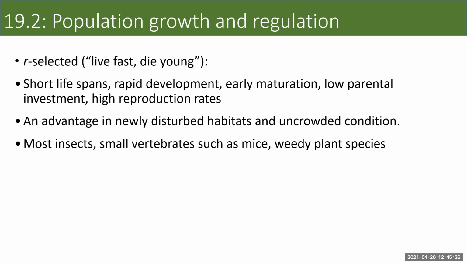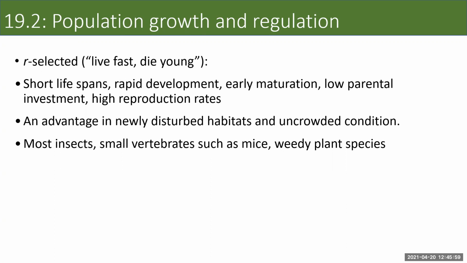And so they have really short lifespans, have really rapid development, so they tend to mature early on, like within their first year of life, etc. They have very low parental investment, so that means they don't have a lot of parental care for their offspring. They have high reproductive rates, so maybe they have a lot of offspring at one time, or they reproduce several times during the year. And so they're producing a lot of offspring very quickly.